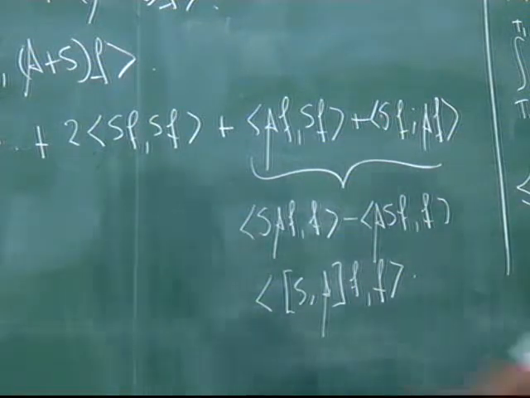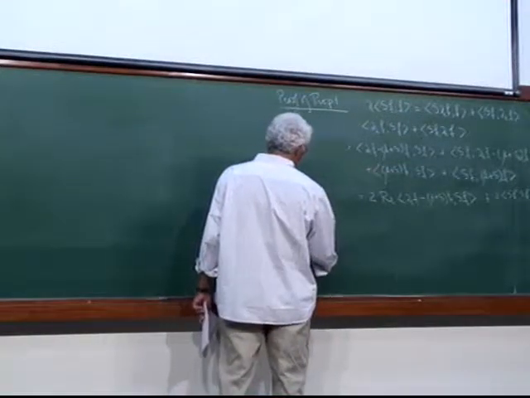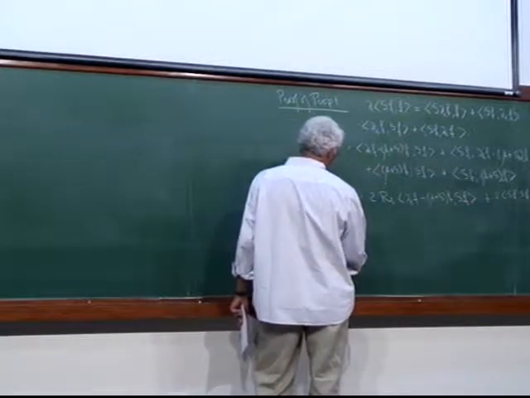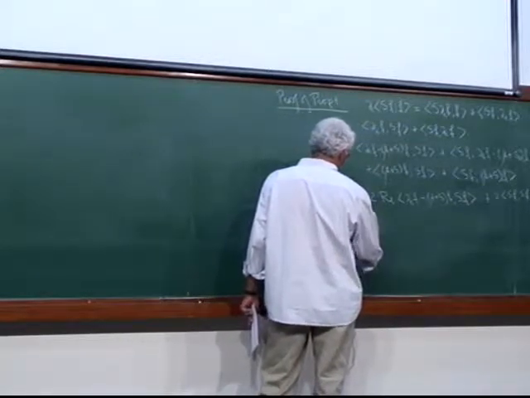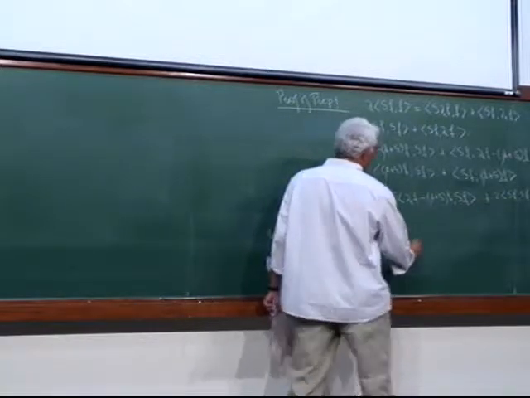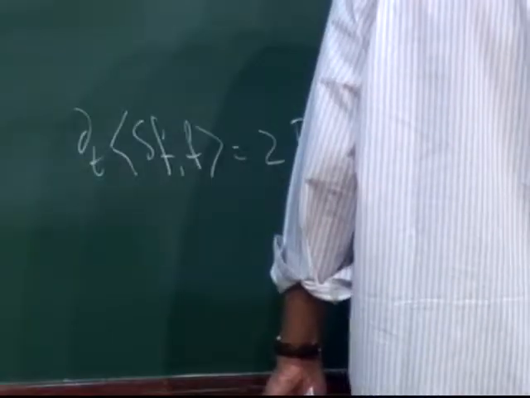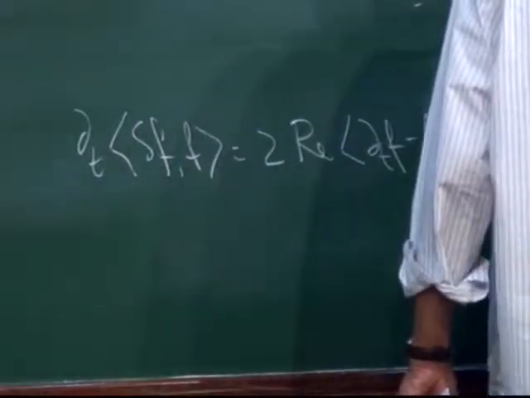Therefore, you have finished with that. dt of SF, F is equal to twice the real part of St F minus A of F minus S of F, S of F, plus twice S of F, S of F, plus the commutator.